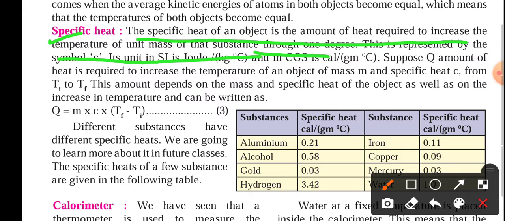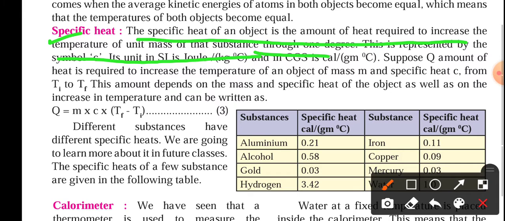In simple words, suppose you have 1 gram of water, or instead of 1 gram, take 1 kg, the unit mass in SI units.